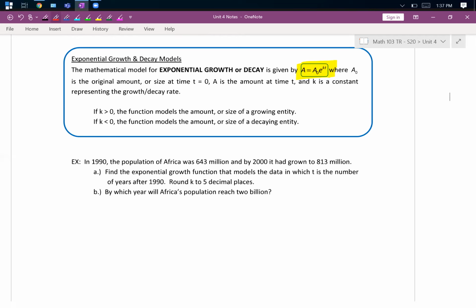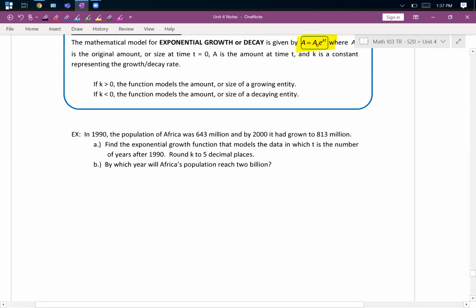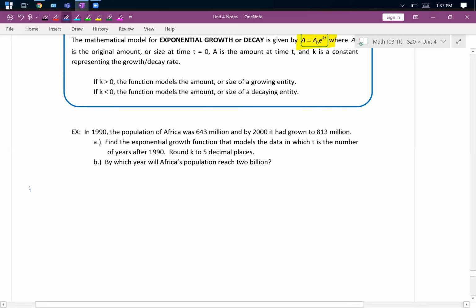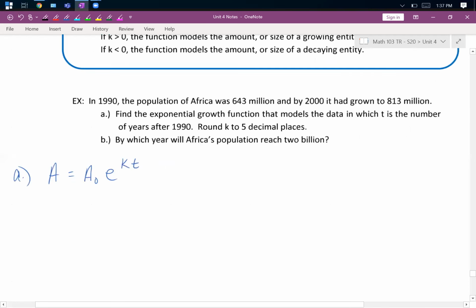All right, well, we're going to start by coming up with this exponential growth function. We start with our generic equation, A equals A sub 0 times e to the kt power. We want to plug in the information they've given us and solve for k. So that means I should have A sub 0, A, and t.